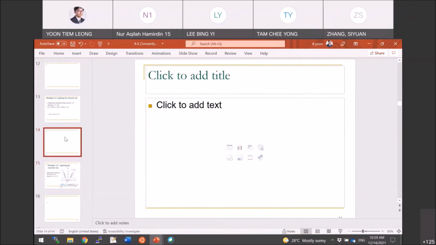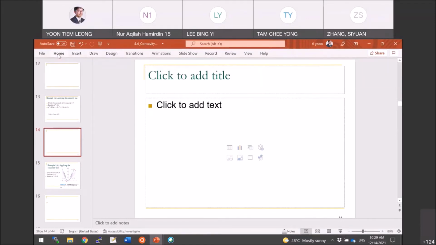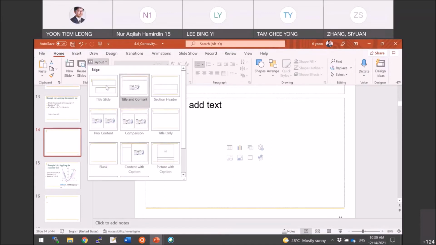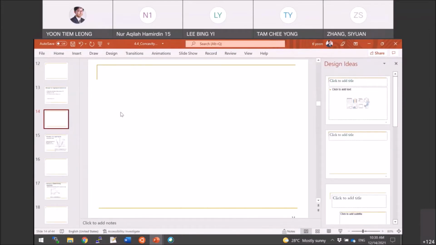Let me transfer it and write it on my iPad. So my function is y equals x cubed.